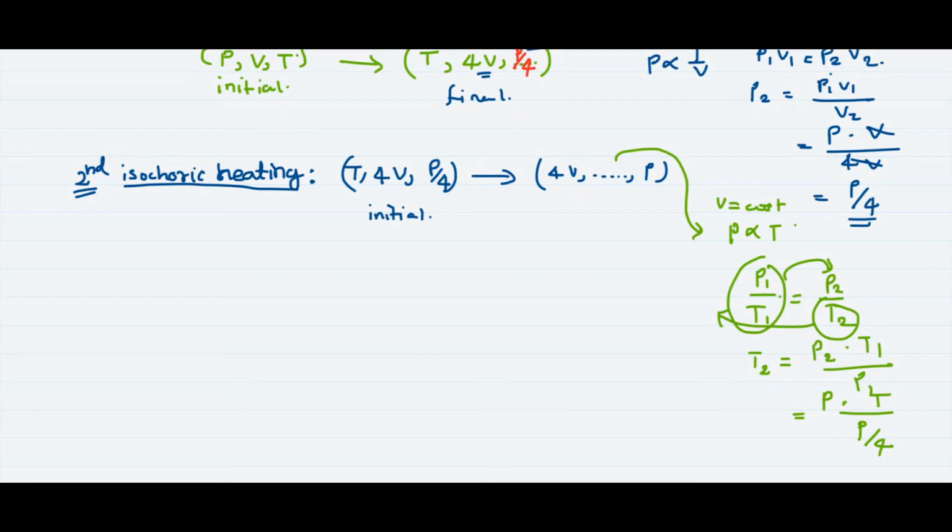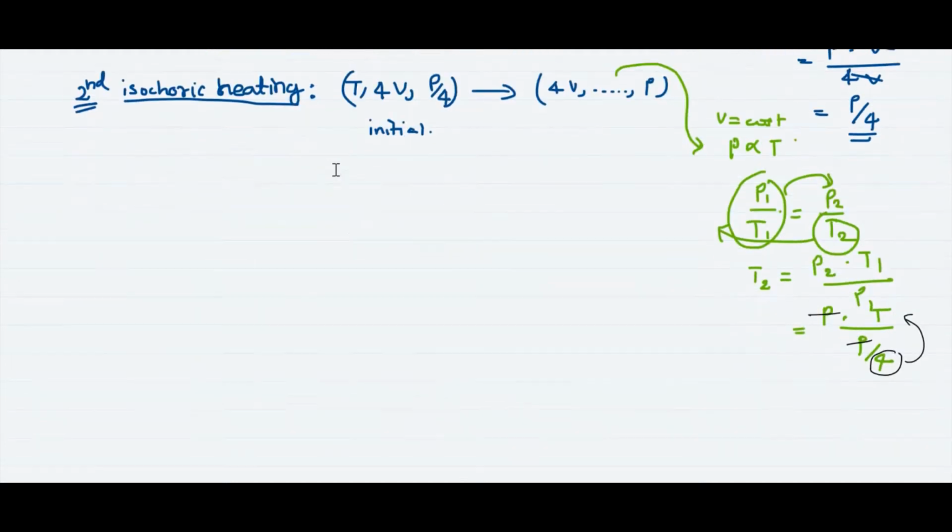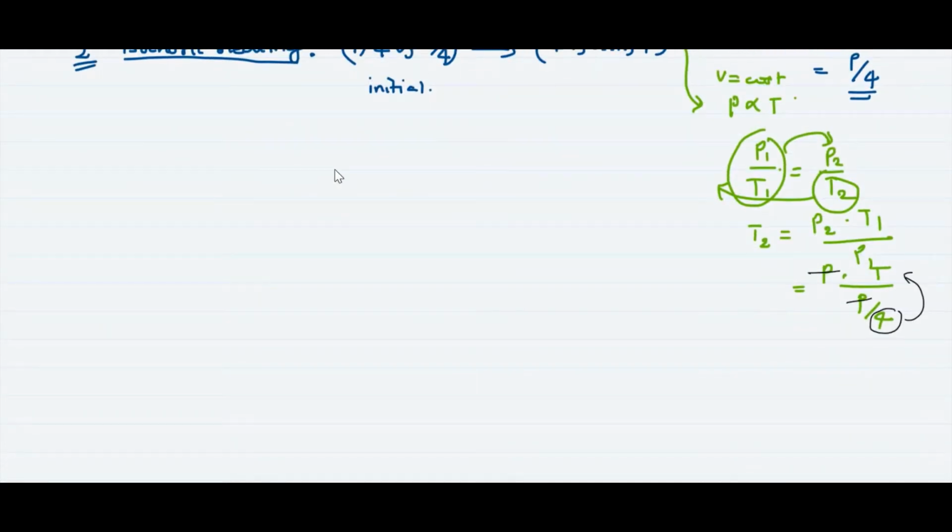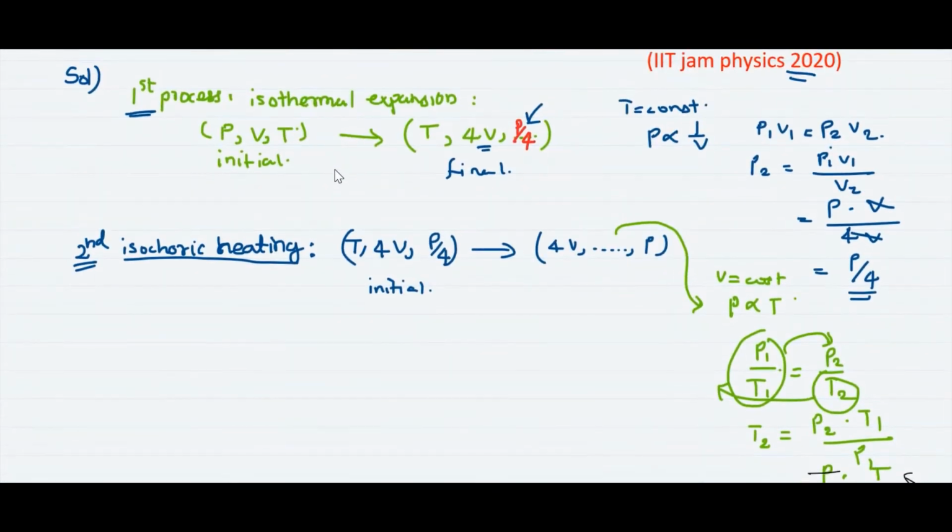So this P and this P will get cancelled and this 1 by 4 will go to this side, and finally we get T2 equal to 4 into T. So T2 equal to 4T. So here the temperature is 4T.